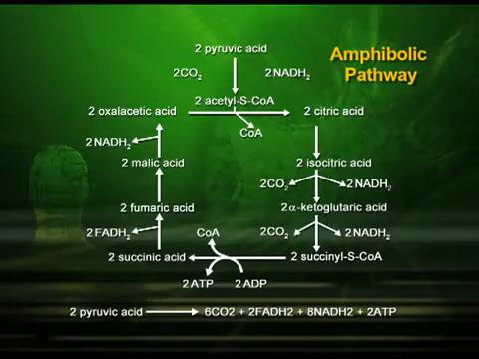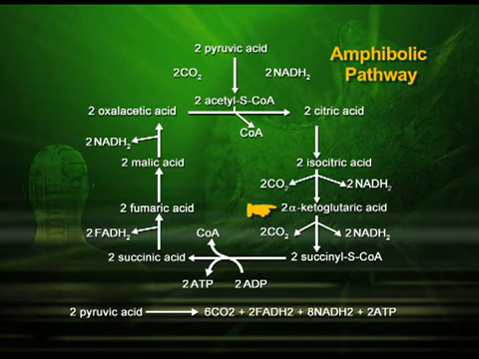So, we are discussing the amphibolic pathway, and we have reached up to the formation of alpha ketoglutaric acid, and now it will make another point, and at that point it will give out 2 carbon dioxide and NADH2, and please remember we need both the things, and it will give rise to succinyl CoA, again 2 molecules.